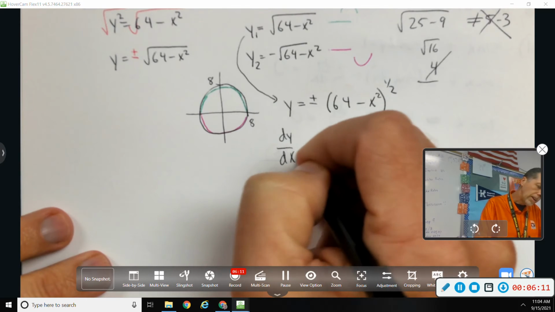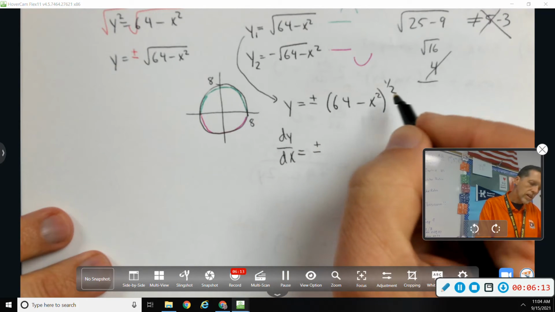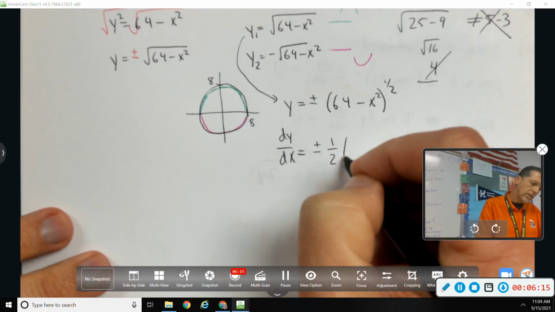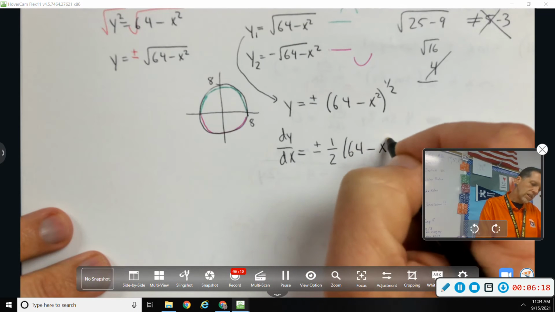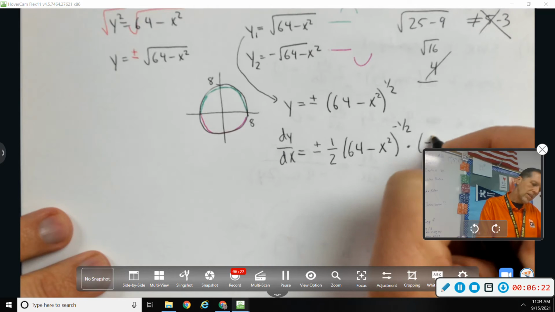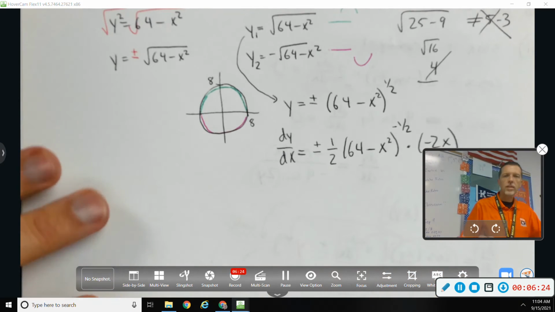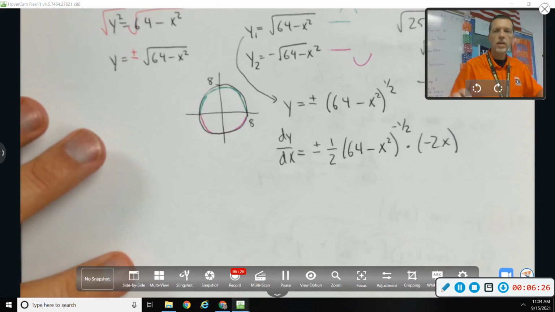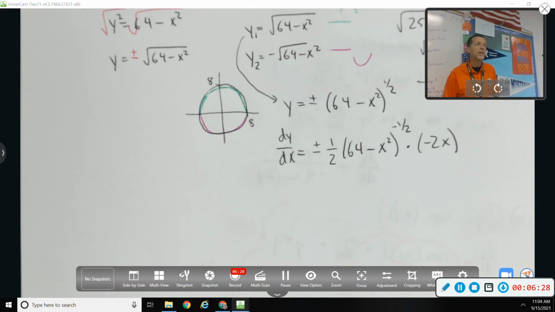So dy dx, 1/2 comes down front, 64 minus x squared to the negative 1/2 times negative 2x. That's the derivative of the explicit functions, I guess, plural, because the plus and the minus.